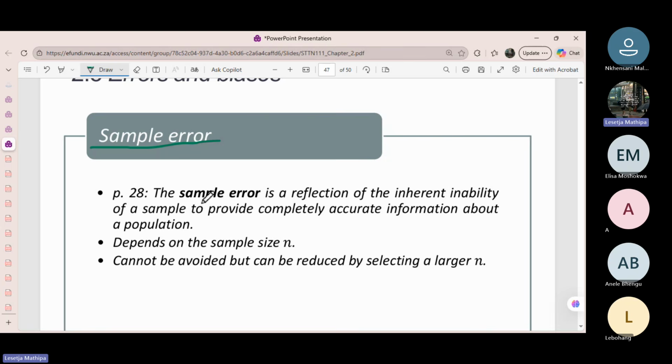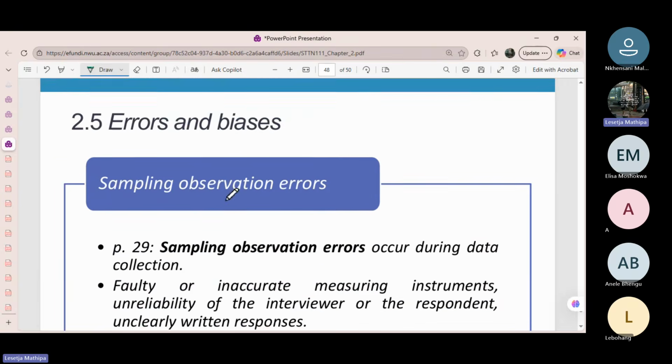It depends on the sample size and cannot be avoided, but it can be reduced by selecting a large sample size. So that's when you see that this is a sampling error.